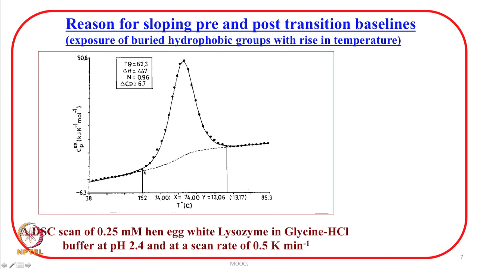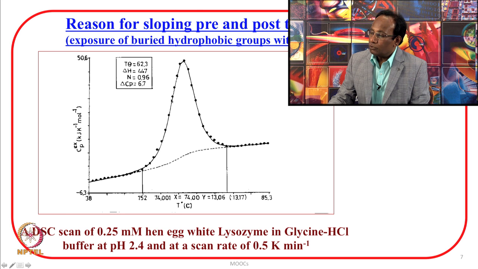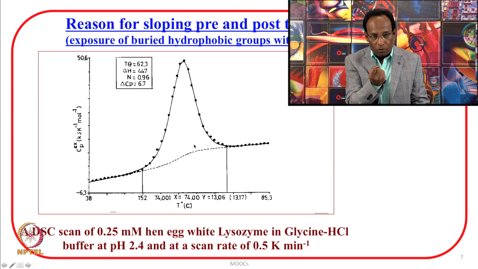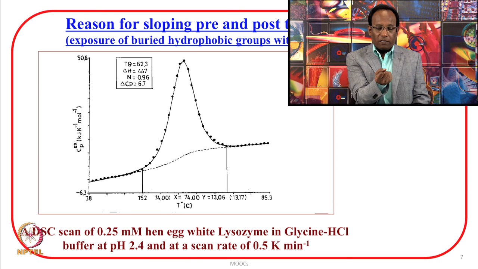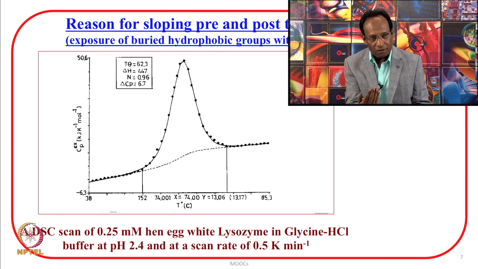So, here the transition begins and the heat capacity at transition becomes large, and once the transition is over, it should go back to the original baseline. But since in the native state the protein conformation was like this, and in the unfolded state it is random coiled with hydrophobic groups exposed, the behavior of the heat capacity versus temperature curve is also going to be relatively different.